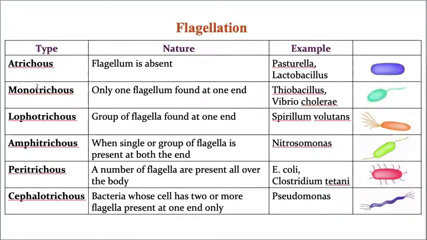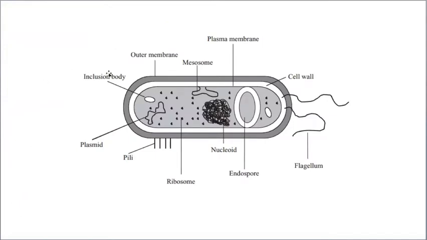Okay, yes, this is the outer layer which is called glycocalyx. And this is the middle layer, called the cell wall, which is made up of peptidoglycan. See, the innermost black line is called the plasma membrane. Follow my arrow mark, then you will understand.